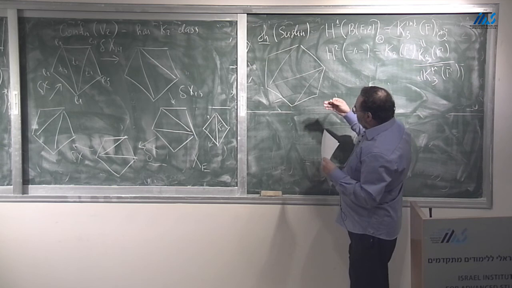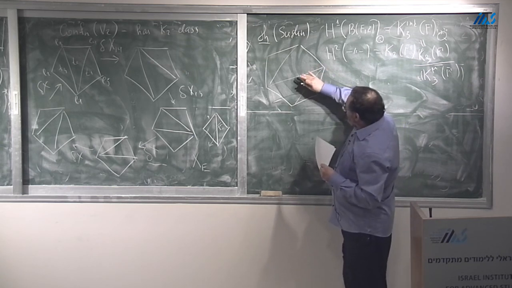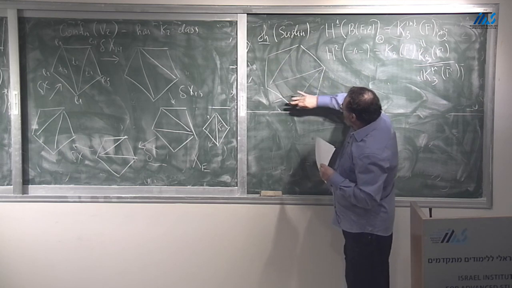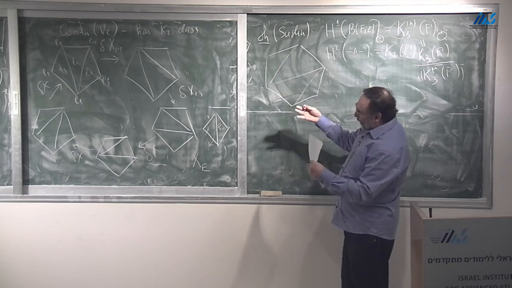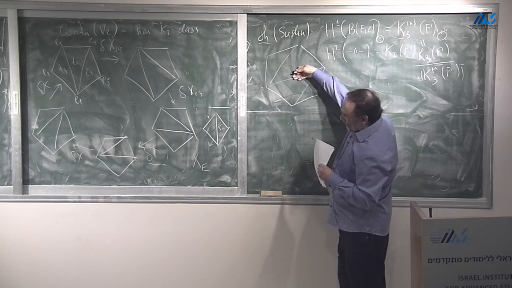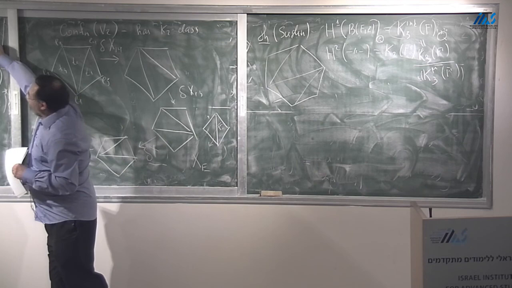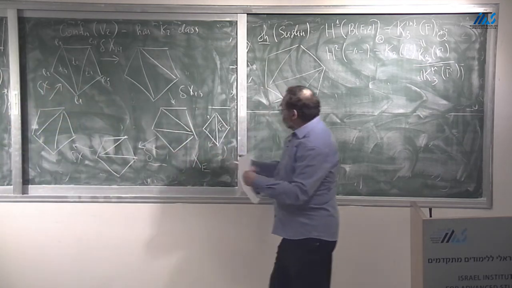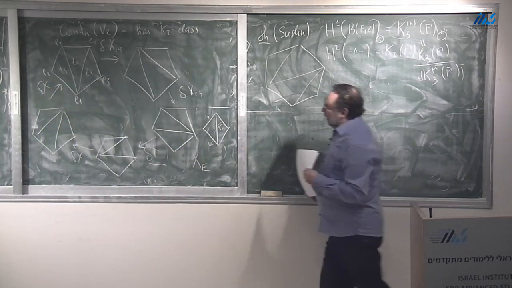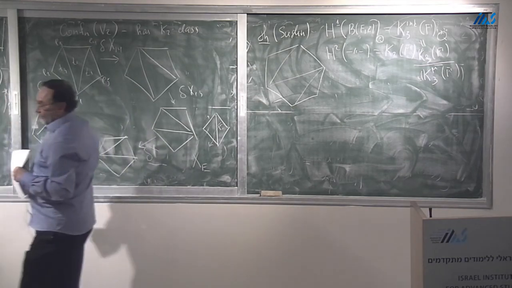What it means is precisely the following: this 2-form is written in a different way in different coordinate systems. Coordinate systems are parameterized by the triangulations. It is lifted for each triangulation to an element of this complex. And whenever 2 triangulations are related by a flip, it's canonically lifted to an element of this group in this complex.